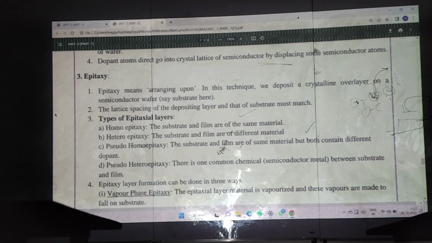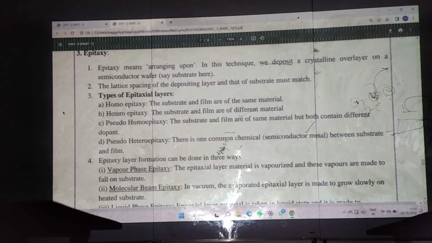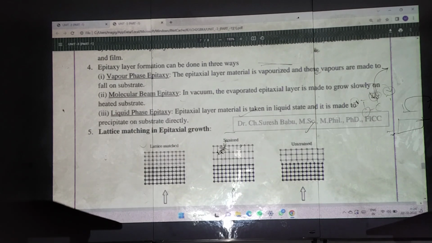If the substrate and film are of the same material but the dopant chemicals are different, that is pseudo-homo. In the last one, there is only one common chemical between the substrate and film.